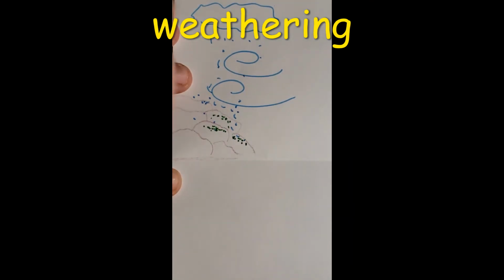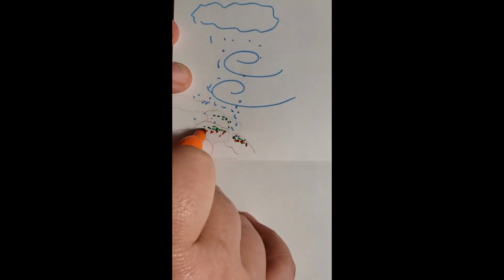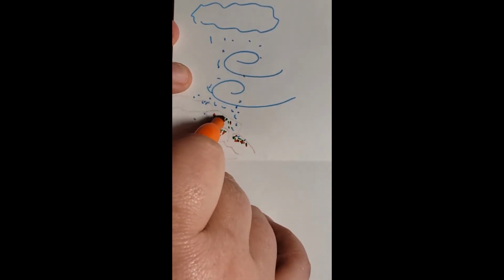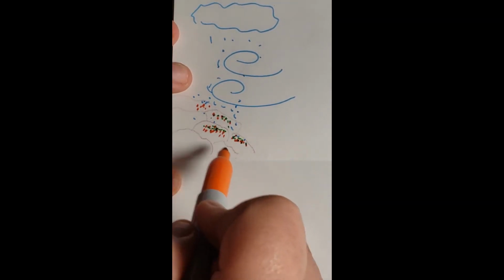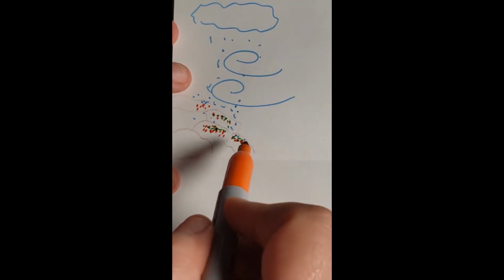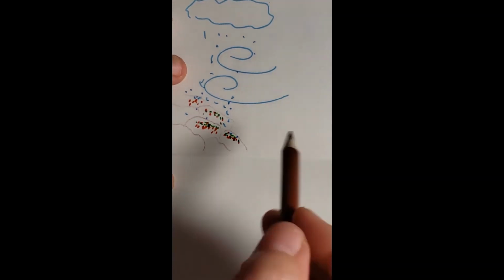We have moss, we have lichens working together. They help break the rocks, plus the weathering that's occurring with the wind and the rain and the sun coming back out. So after a while, we're talking a year or so, we're going to develop a little bit of broken rock.